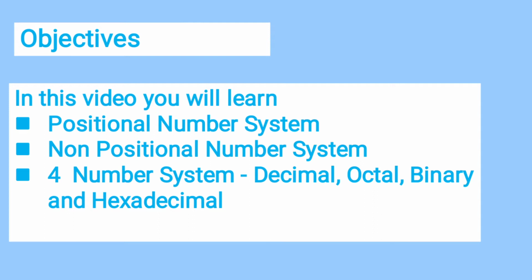In my last video I also discussed the two types of data, one called text and another called number. In that video just an overview of the number was given, but today we will see in detail that to represent numbers the computer uses four different types of number system. Those number systems are decimal, octal, binary and hexadecimal. Let us not waste much time and start the video.